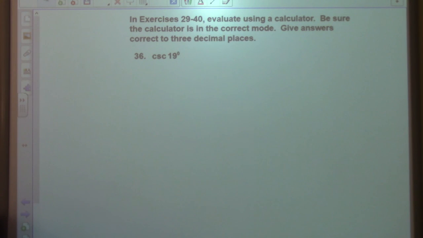Okay, cosecant 19 degrees. What's the answer for 39, 40? 49 is 2.41. Wait, how do y'all plug that in if it's 1 over? Okay, we have VC again on this one. You should use radians. Yeah, I did degrees. You did degrees in your calc? Why do you do times pi over 180?